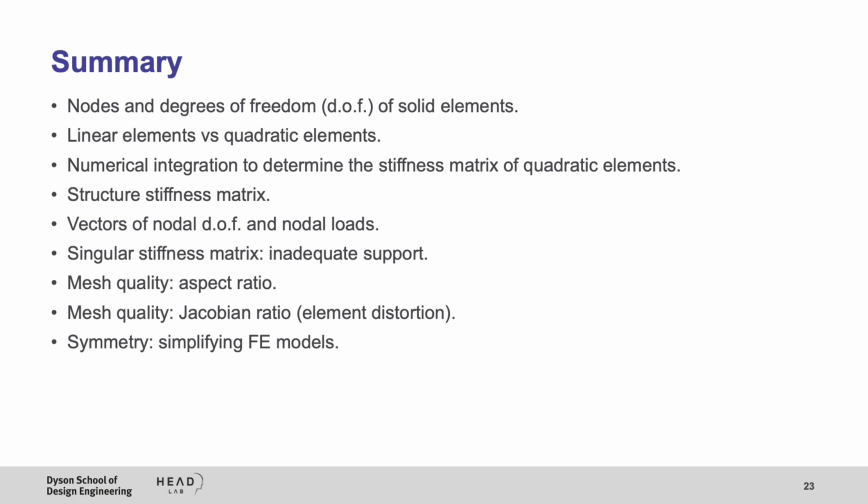We learned about the structure stiffness matrix, vectors of nodal degrees of freedom and nodal loads or forces, the singular stiffness matrix error, which is usually related to inadequate support, and checking the mesh quality by using the aspect ratio as well as the Jacobian ratio. And finally, we learned how to use symmetry in order to simplify FE models.